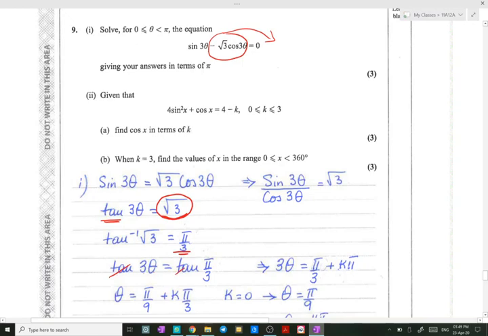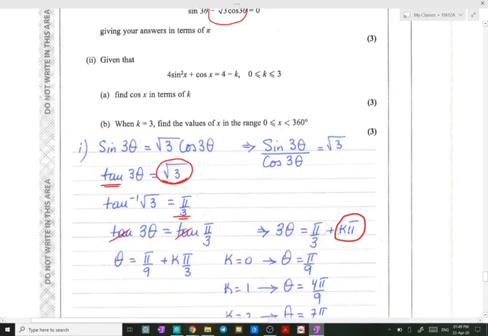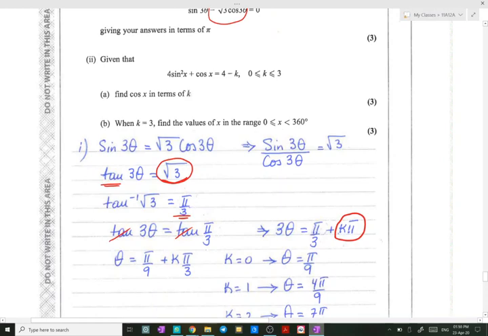So we can now remove the tangent, and we get 3 theta equals pi over 3 plus the period, and the period of tangent in this case is k pi.